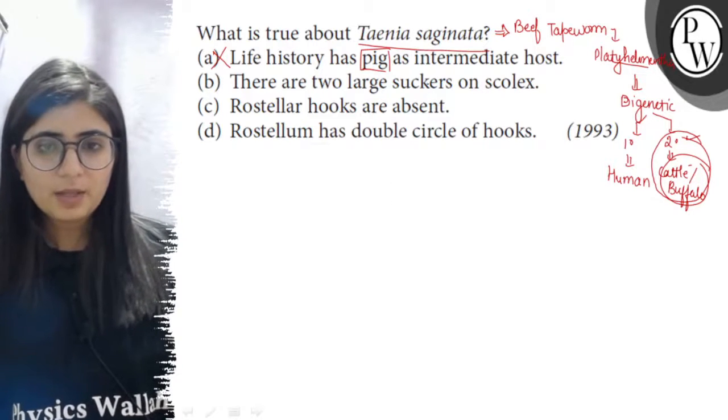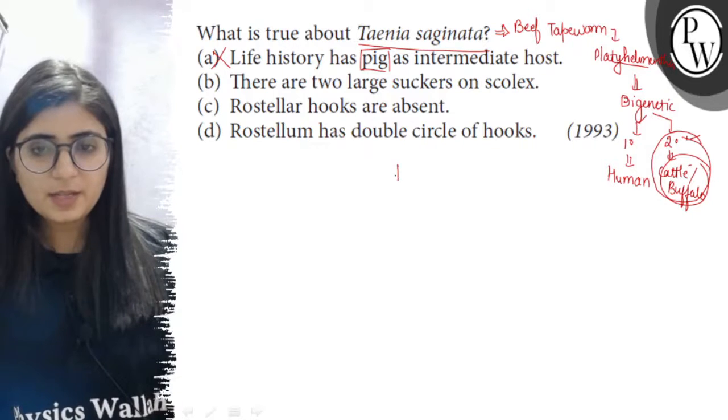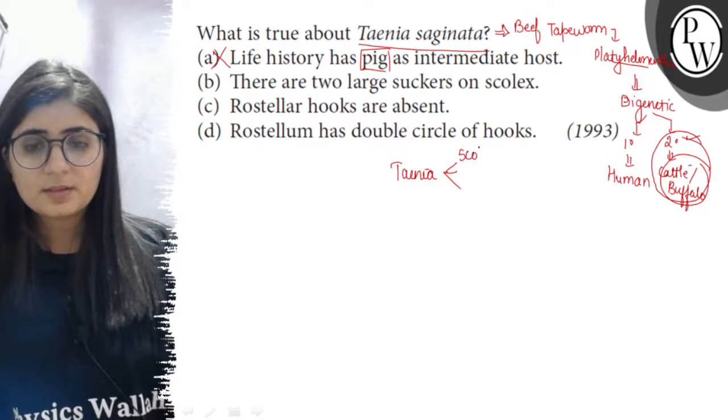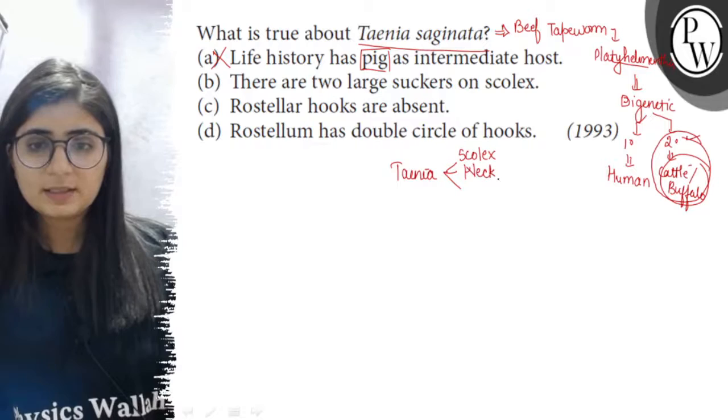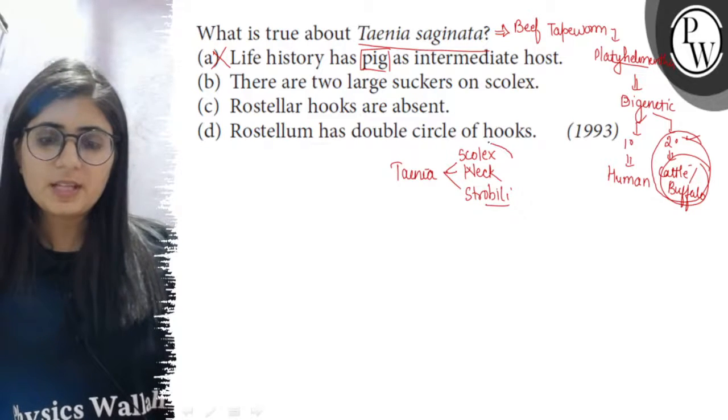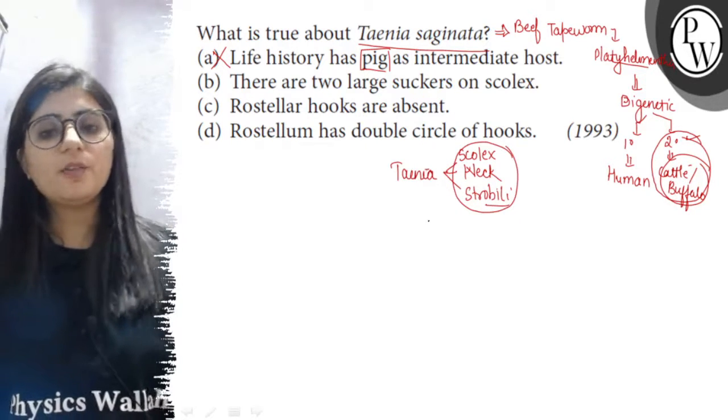And if we look at the structure of the Taenia, then its body has three regions, and these are the scolex, then a neck, and from the neck region arise the segments which are called the strobili. So these are the three parts of the body of a Taenia.